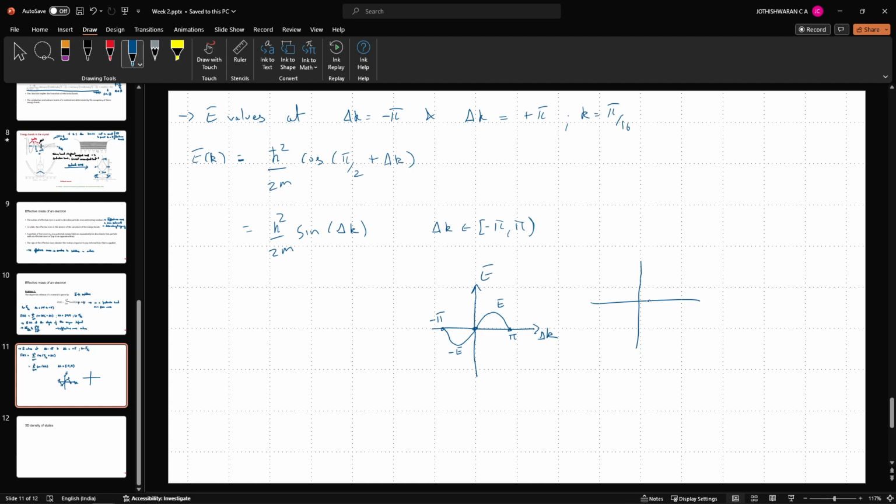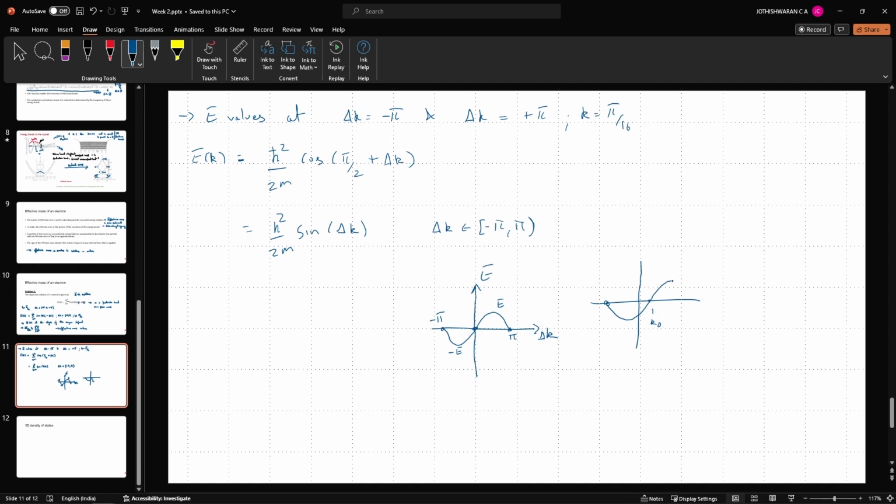So it will be slightly translated to this side. This is k naught. Please assume that the curved regions that I'm representing are symmetric.